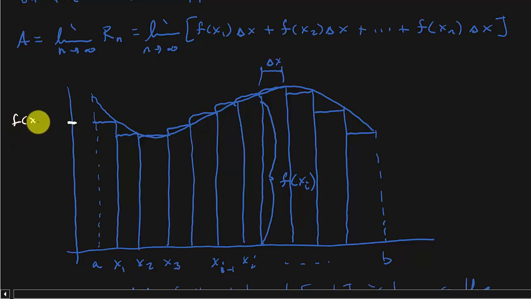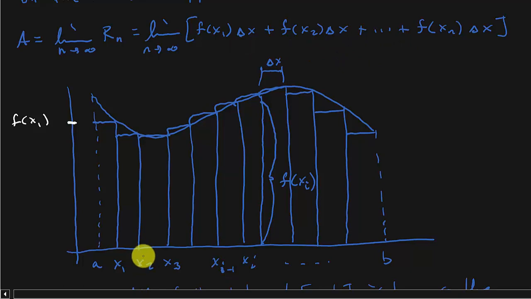So that's f of x1. That's your y value. That's the height of that rectangle. And that's what this is: the height of the rectangle times delta x, the width of the rectangle. And then it just continues on to the next one.